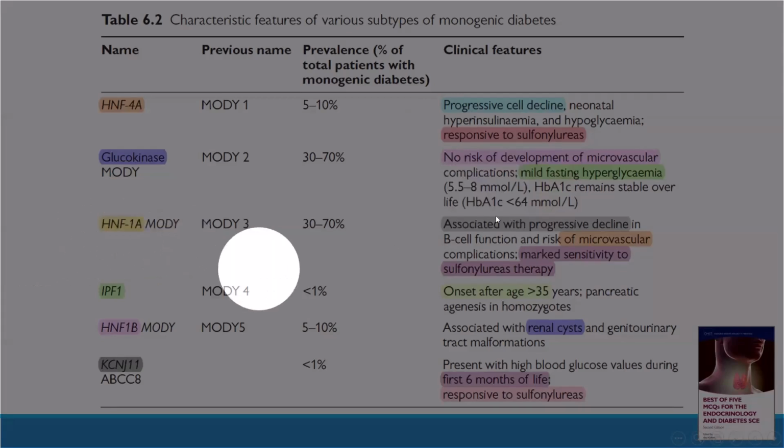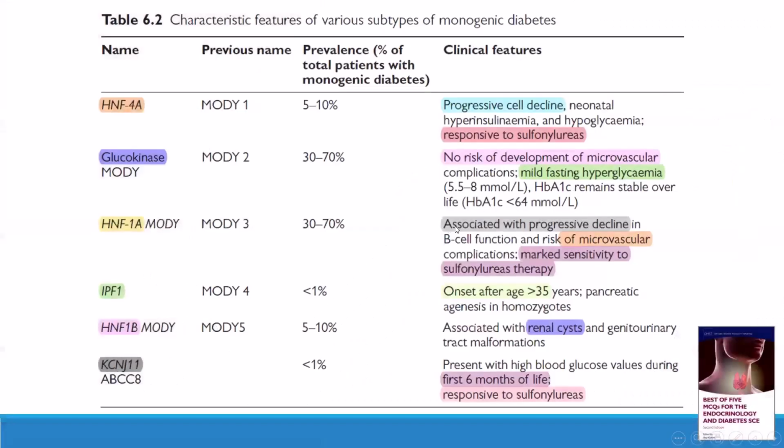HNF1 alpha, progressive decline of the beta cell, microvascular complication, low CRP, markedly sensitive to sulfonylurea. IPF1, this is onset after the age of 35. This is MODY 4, which is not covered today and is not very important. HNF1 beta, renal cyst. Don't forget neonatal diabetes, KCNJ11 and ABCC8, first 6 months of life, and responds well to sulfonylurea.